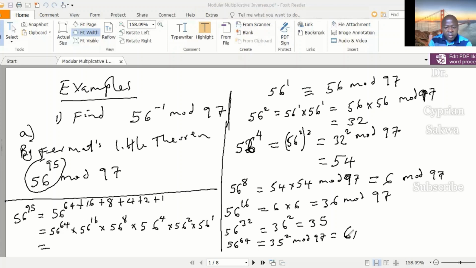I know that is 61. I also know that 56 raised to 16 is 36. Raised to 8 is 6. Raised to 4 is 54. Raised to 2 is 32. Raised to 1 is 56.